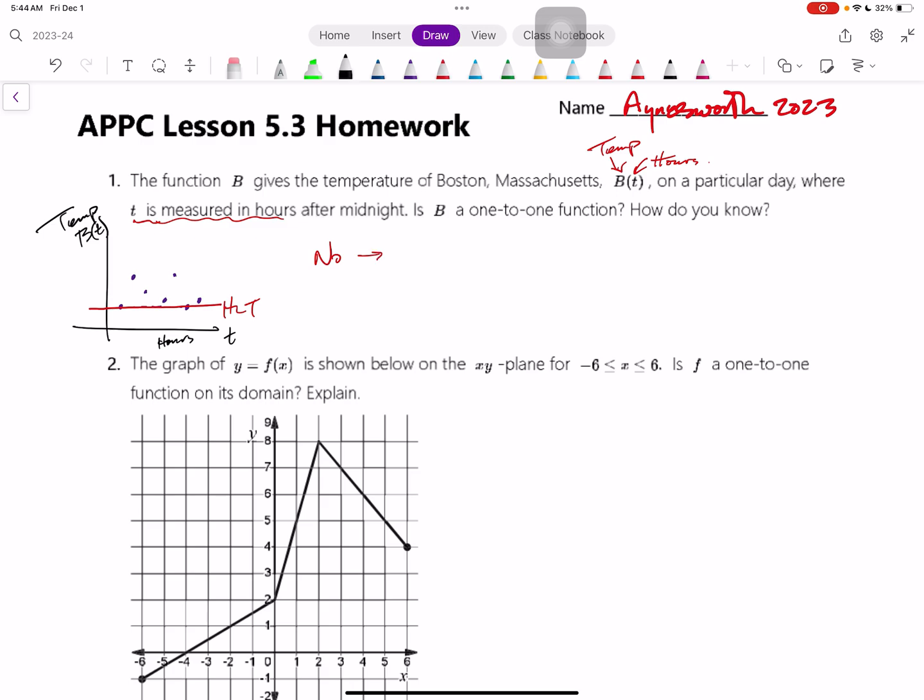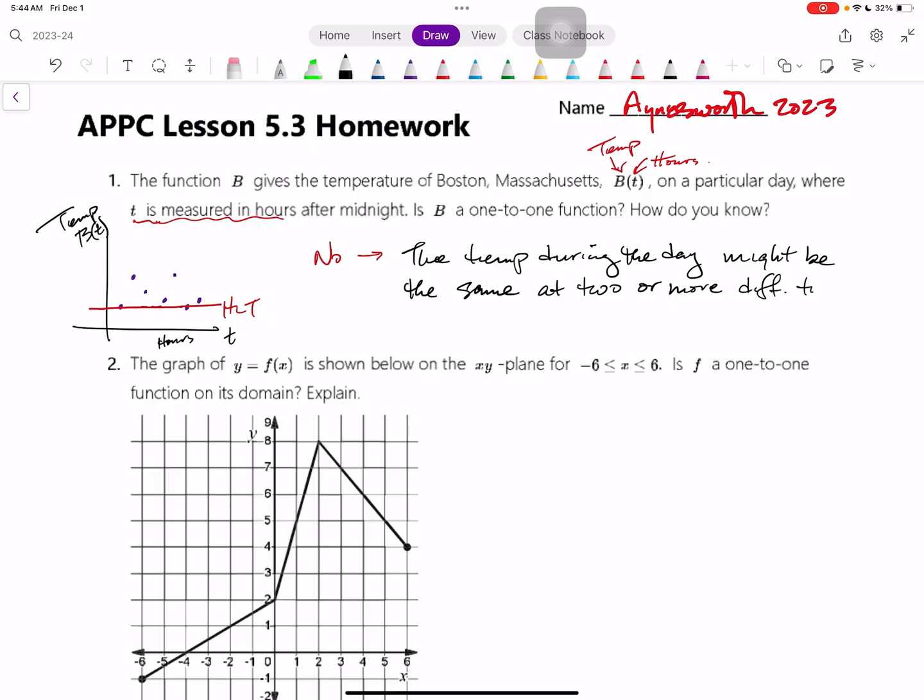The temperature during the day, we have to explain in words here. The temperature during the day might be the same at 2 or more different times after midnight, because it only takes 2, but it could be at more different times during the day after midnight.